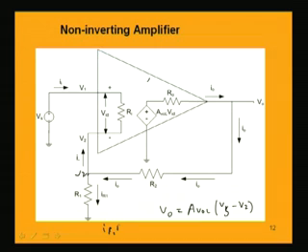But again we will be making one valid approximation, the approximation being that this current I negative is very small, because if we consider this resistance Ri, this is very high.